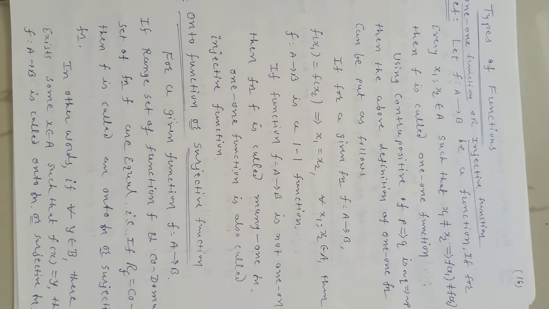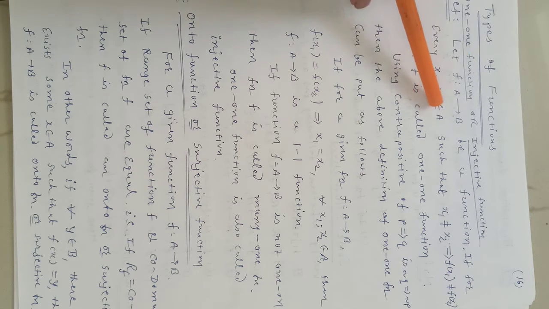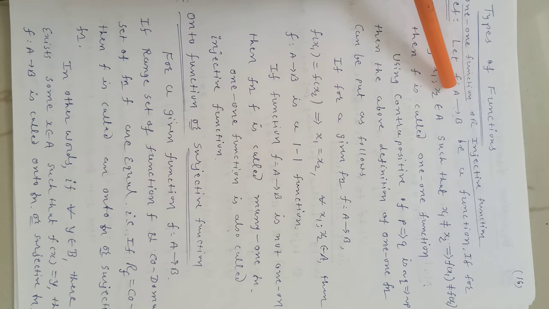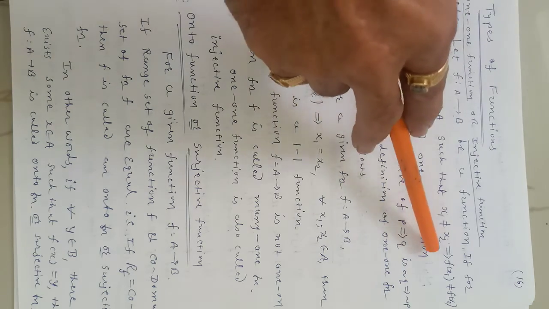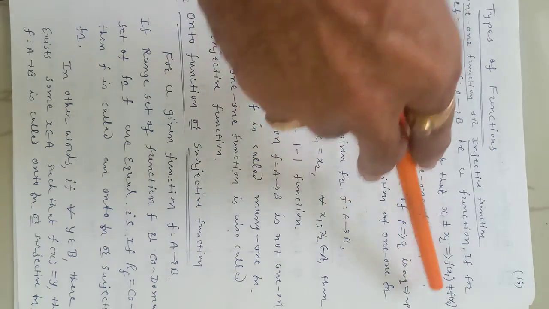You know last year we had a discussion on function. It means you are familiar with function. Now I am not discussing what is function, but we are discussing here types of function. So f from A to B, suppose it is a given function, if for every x1, x2 member of A such that x1 not equal to x2 implies f(x1) not equal to f(x2).